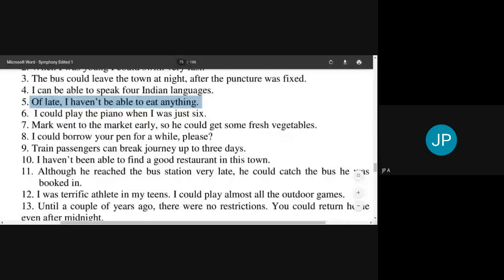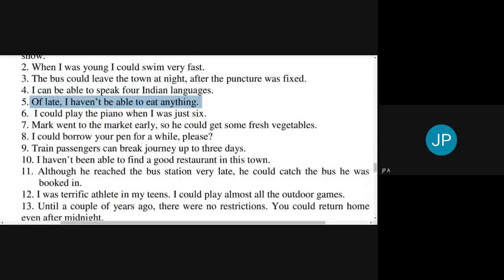This one. Can you tell me what the answer is? Of late, I haven't been able to eat anything.